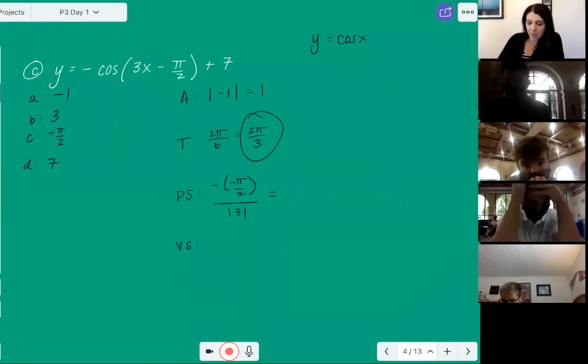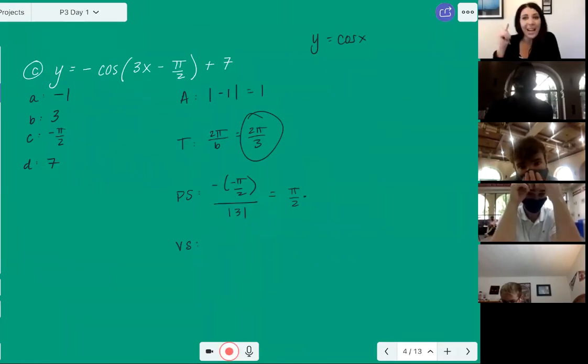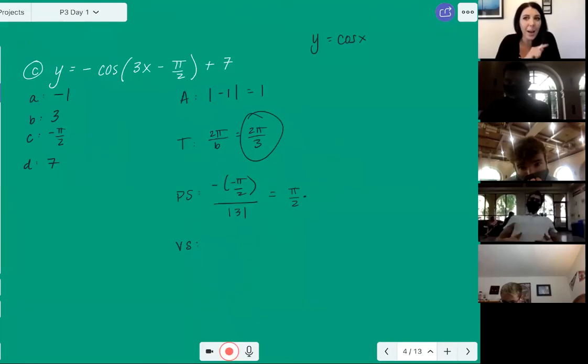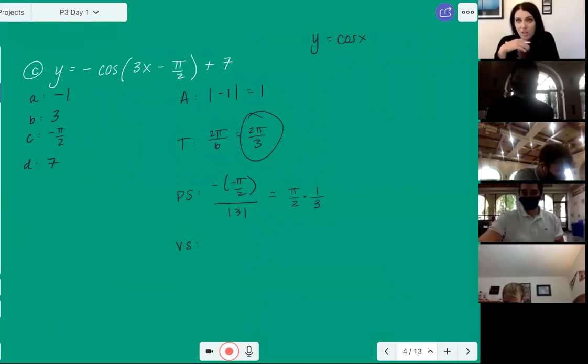So that's the same as +π/2 times what, Bobby? 3. So divide by 3 cannot be the same as times by 3. It would be times 1/3. Okay, so be careful on those fractions. Fractions tend to be confusing, especially when you only have one in the numerator or something like that.